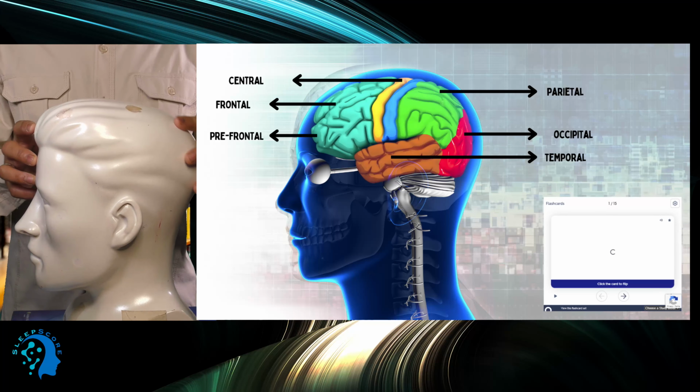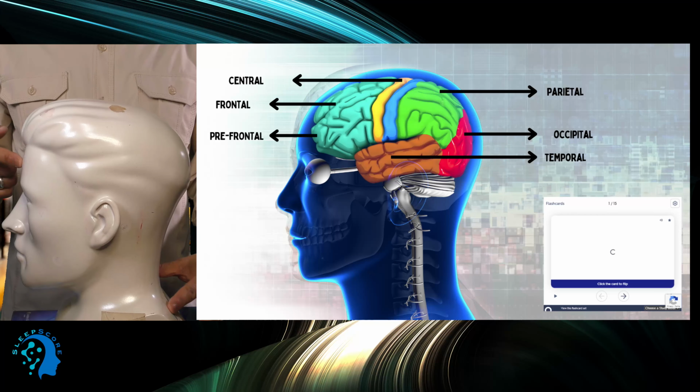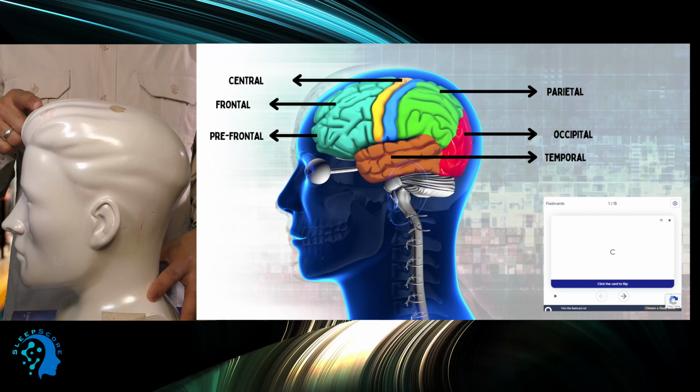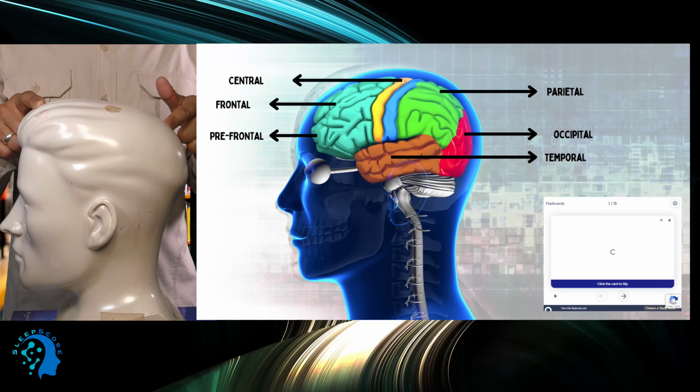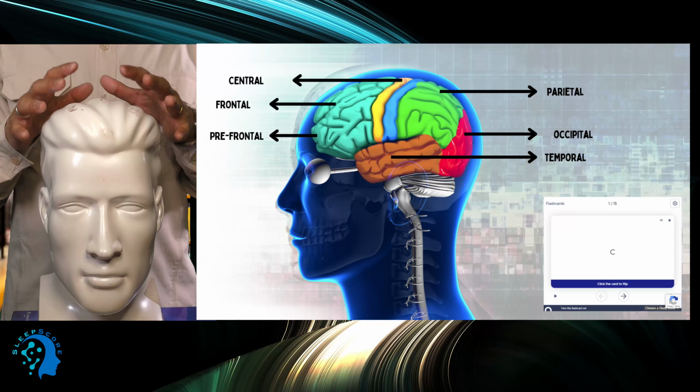Because of this, there are 6 different parts of the brain that we consider during the sleep study. Prefrontal is abbreviated as FP. Frontal is called F. Central is called C. Parietal is called P. Occipital is called O. So all the points that we consider on these areas, we represent with the first letter of that part.